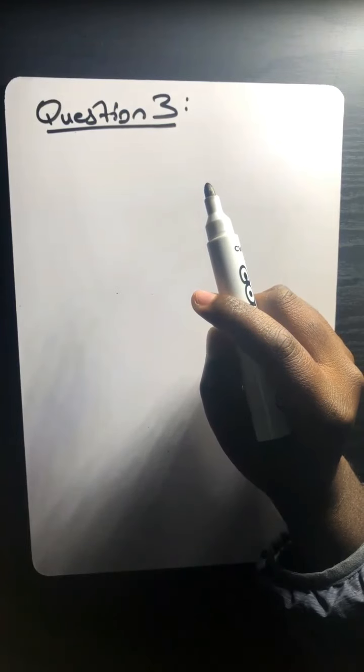In the diagram below, P, which has got the coordinates of 7 and 4, Q, which has got the coordinates of 6 and 6, R, which has got the coordinates of 0 and 3, and S, which has got the coordinates T and K, are the vertices of a quadrilateral PQRS. So that is the statement that we are given for this question number 3.